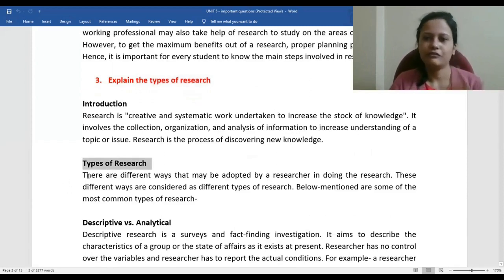Now, we understood that there are different types of research, but based on what are we classifying them in different types? Because ultimately we are doing the same thing. We are searching again and again. So based on what are these types given? Now, these are mainly based on how research is done.